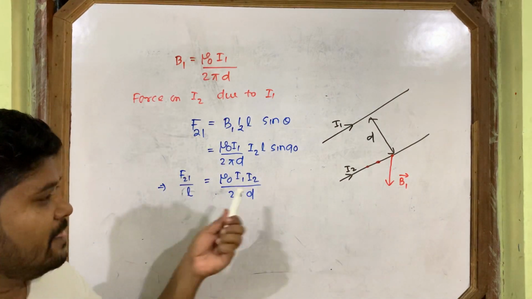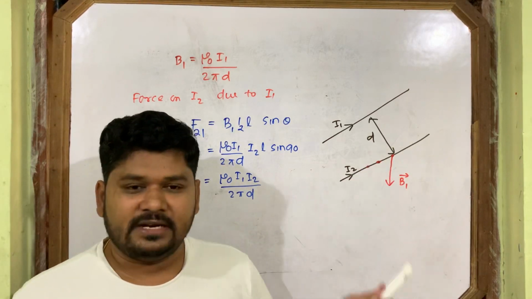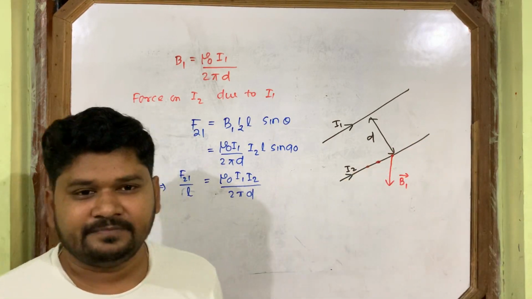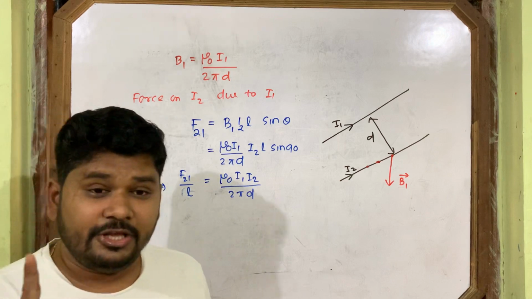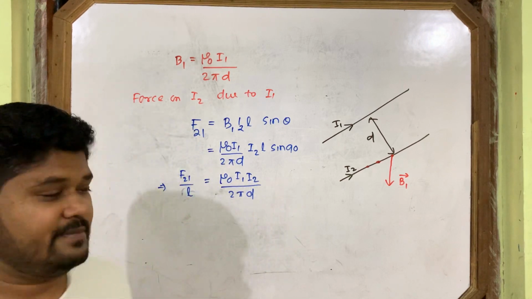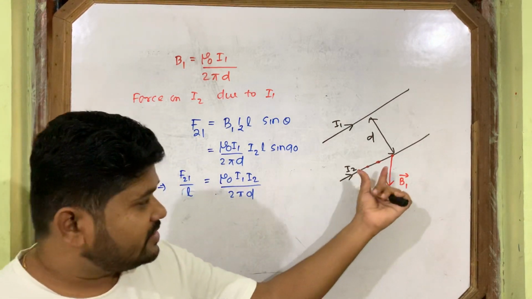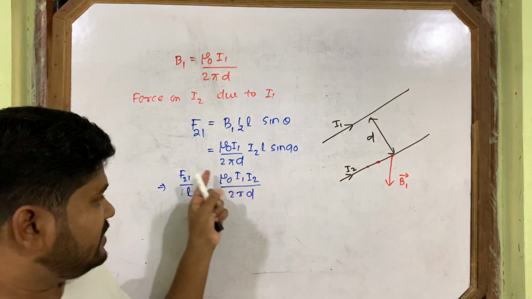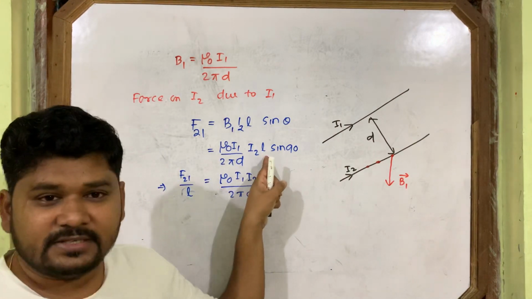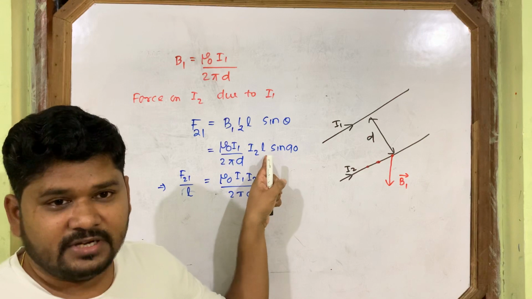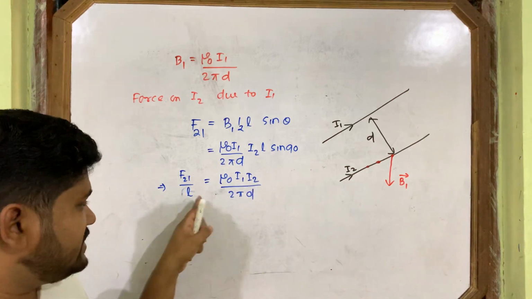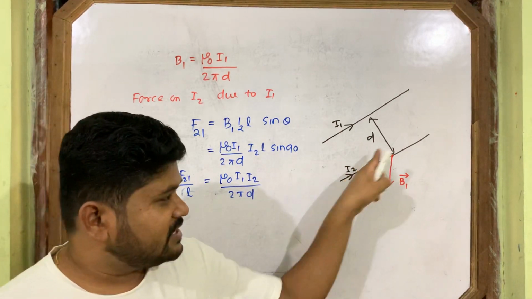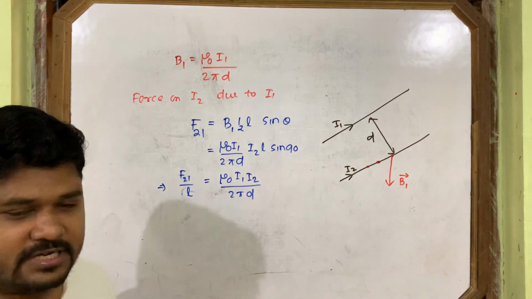Rather, force per unit length of the conductor matters because it is an infinite conductor. If this conductor were finite, then the length would be kept on this side to find the net force. If the conductor is infinite, we take the L to this side, no problem.